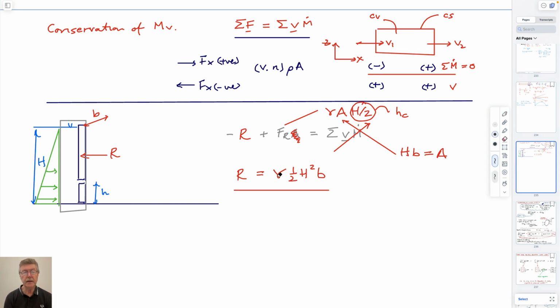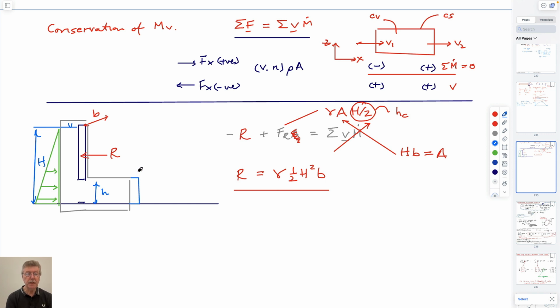So now we take away the gate. We change our control volume maybe to be something a little fancier. Maybe the control volume should be this. And so what else do we have going on here? If we do the fluid flow in the system in blue, there's some fluid coming out of here.